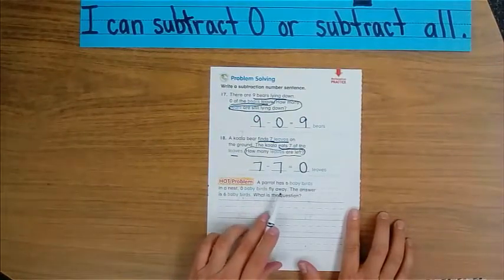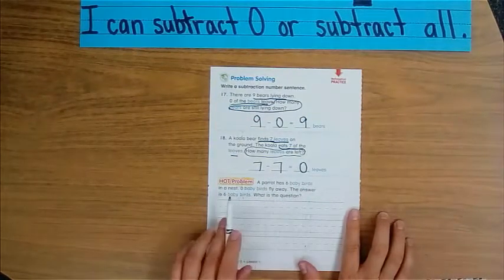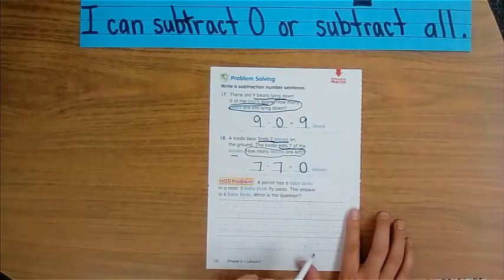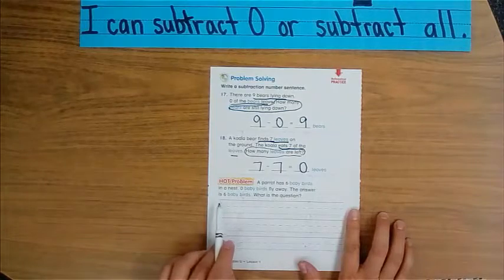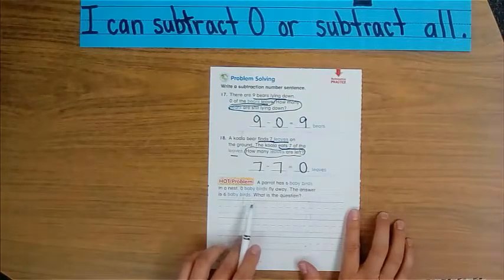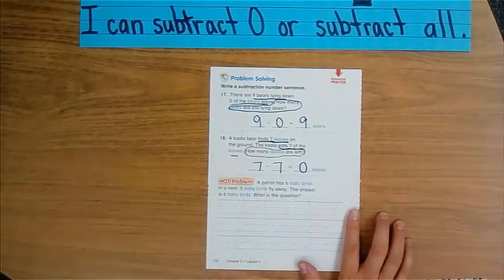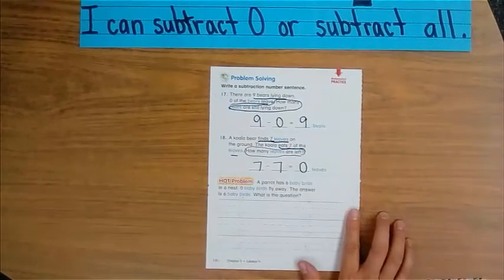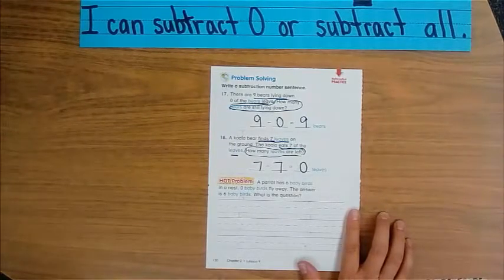A parrot has 6 baby birds in a nest. 0 baby birds fly away. The answer is 6 baby birds. What is the question? So they're telling us a story, but they didn't give us a mystery. What kind of question could we ask about this? Well, let's read that again.